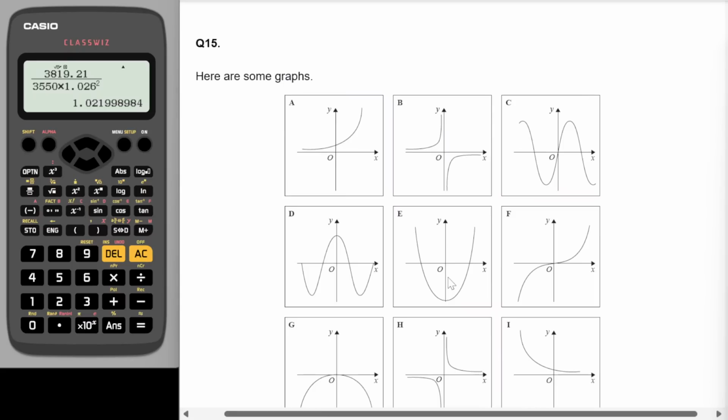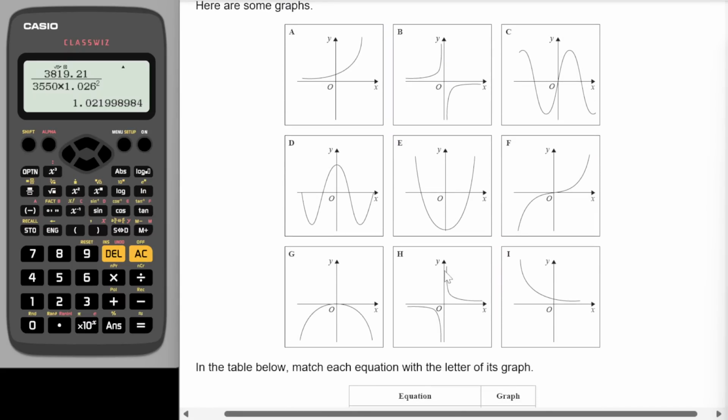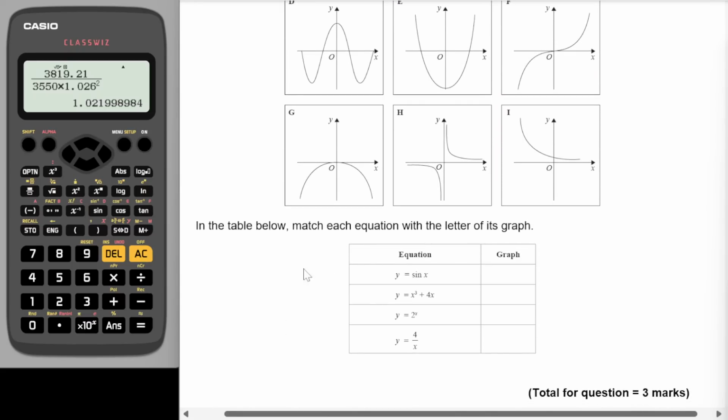Question 15, here are some graphs. In the table below, match the equation to the letter of the graph.